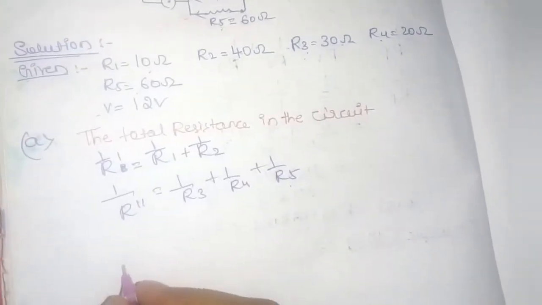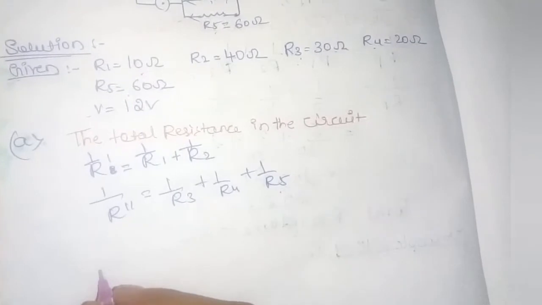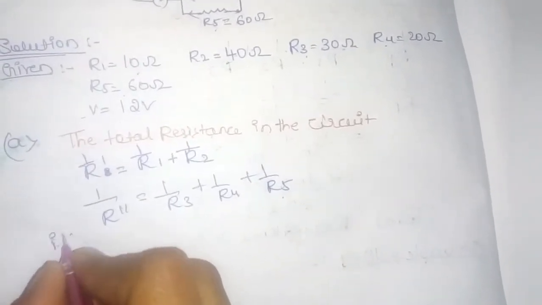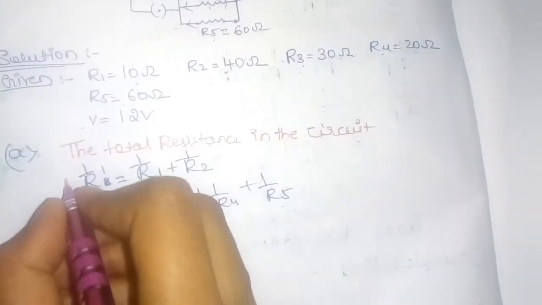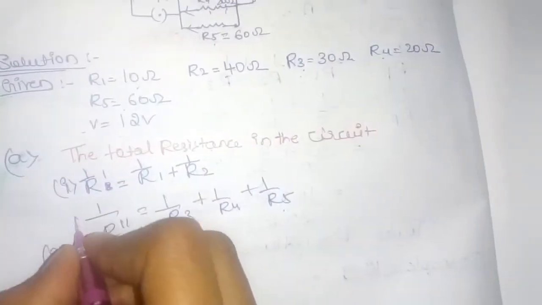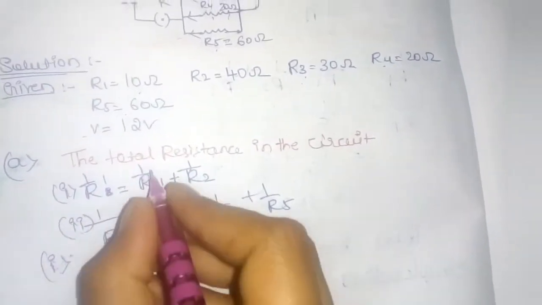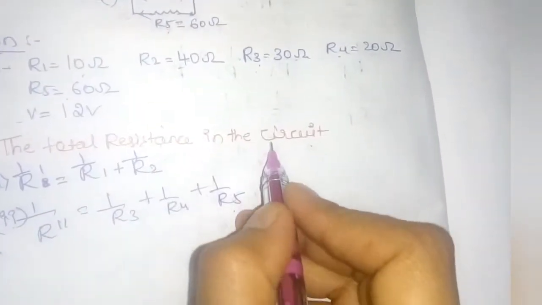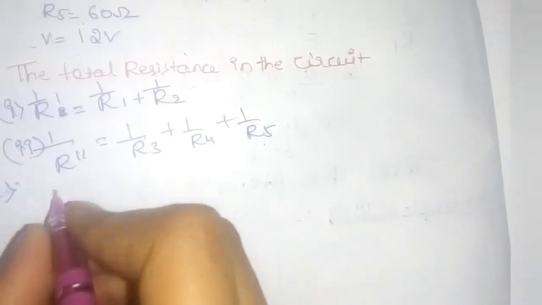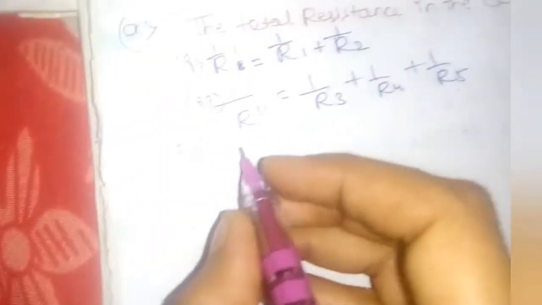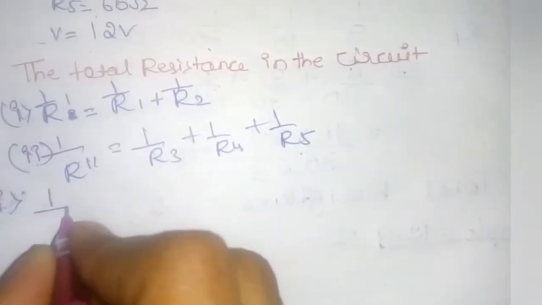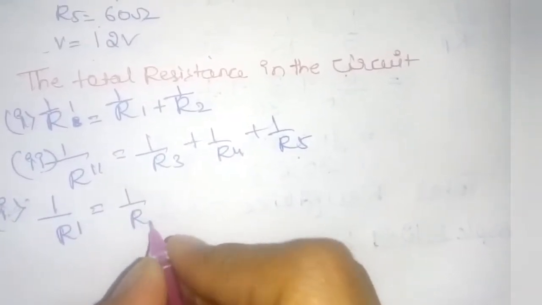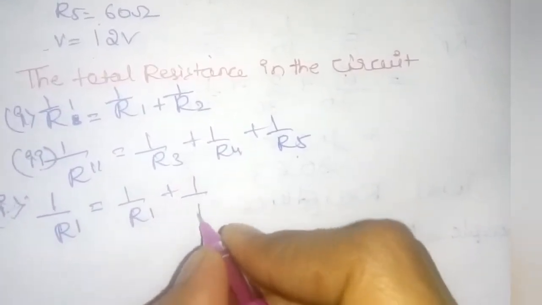So first of all let us find out the R1, R2 value. Let us take this one as the first one and this one as the second one. By adding these two resistances we can find the total resistance in the circuit. So 1 by R dash is equal to 1 by R1 plus 1 by R2.